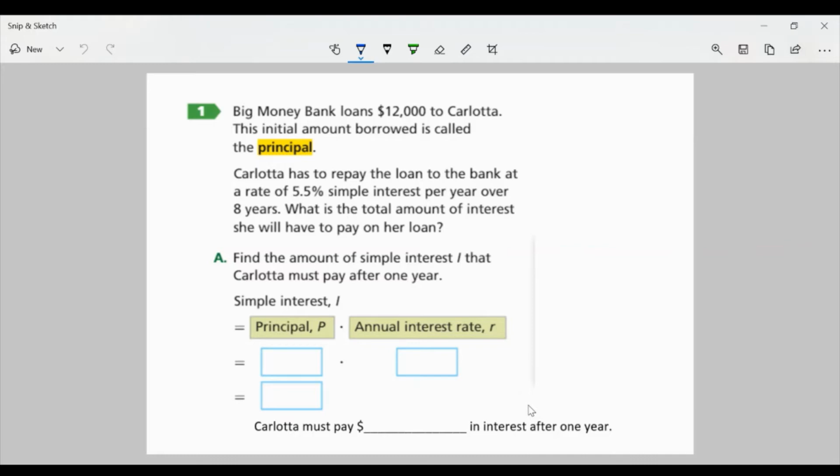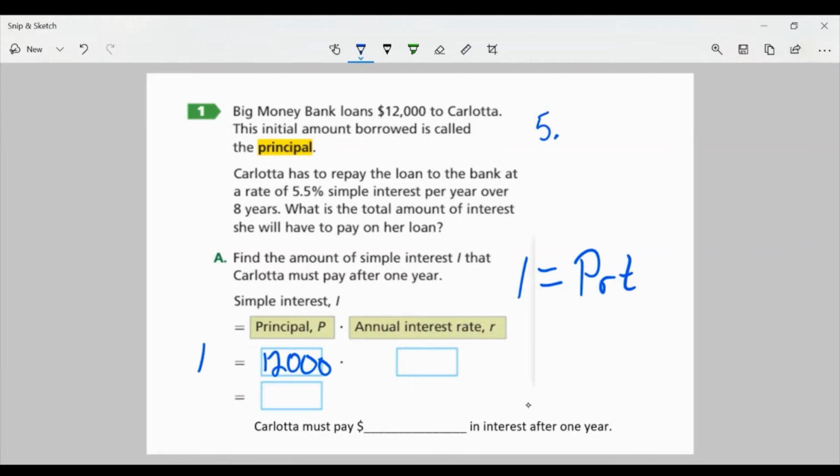So remember, our formula for this is I equals P times R times T, okay? So I equals the principal P, which was $12,000, times the annual interest rate, R, which is 5.5%.